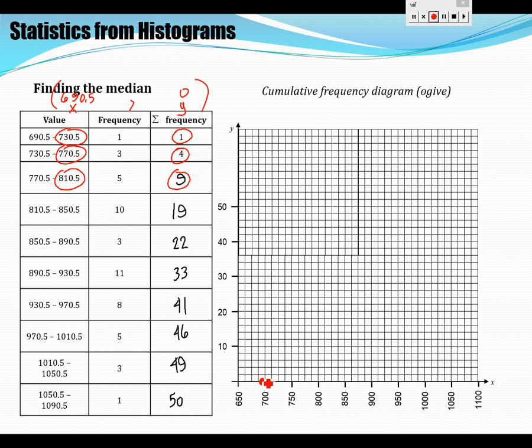You can eyeball it a little bit. That's like around 690. That's fine. 730. Just make careful note of the scale you're using. 810. Oops.